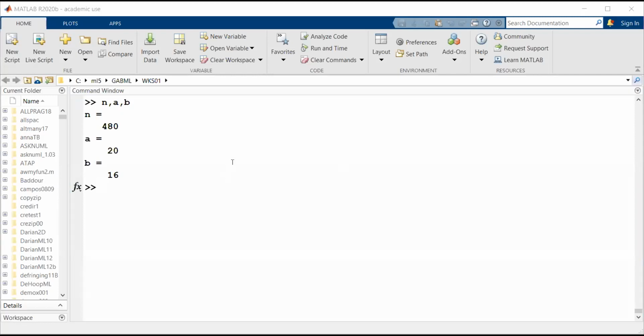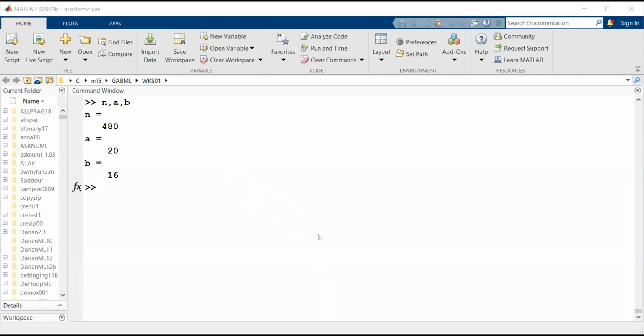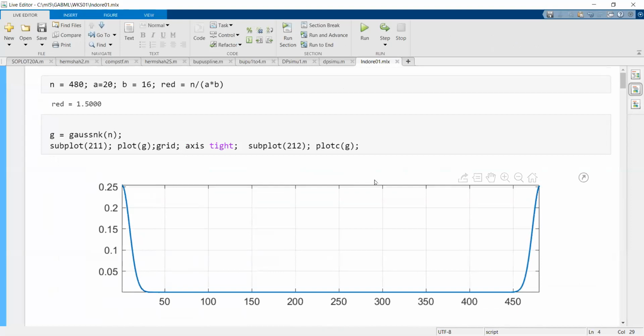Yeah, I think you will see the MATLAB screen, but I should look for another one. Yeah, the live editor. Yeah, please feedback. I think I got the feedback.